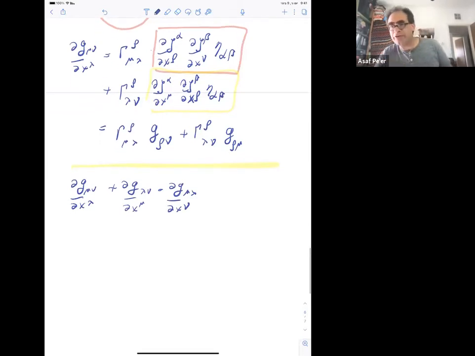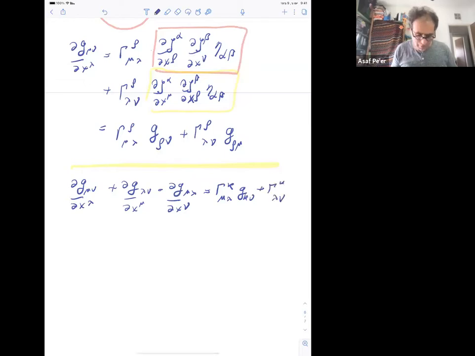Okay, so now you simply have to be quite careful on how you work down all the indices. So again, lambda, rho is just a dummy index. So let's see if I can change the kappa. Mu lambda or lambda mu, and then g kappa nu plus gamma kappa lambda mu g kappa mu. This is just copied from here. And then now I have to exchange the indices.